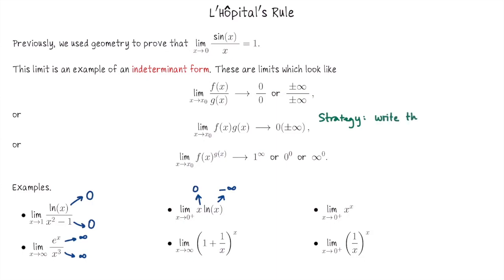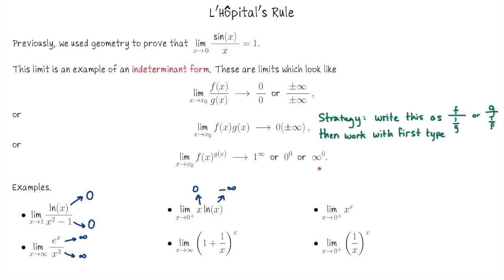So we would write this product as f over 1 over g, or g over 1 over f. Usually one might be easier to work with than the other. Now in the first case, we would be looking at 0 over 0, and in the second case, we would be looking at infinite behavior over infinite behavior. So once we've taken this product and rewritten it in this way, then we're looking at the first type.